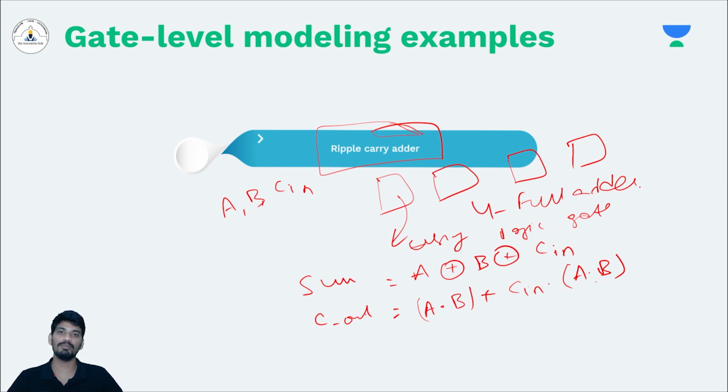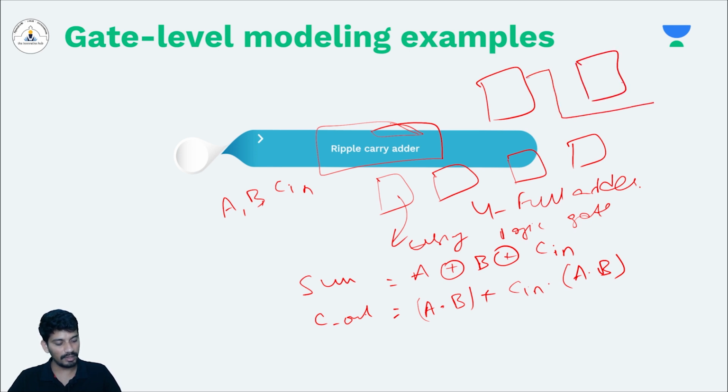We have seen how to implement the full adder using two half adders like this. If you have a half adder and half adder, then connect the carry of these two with an OR gate to get a complete carry out, and then connect the sum of these two.